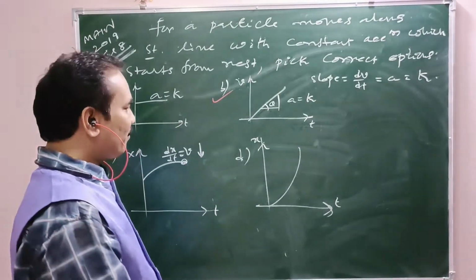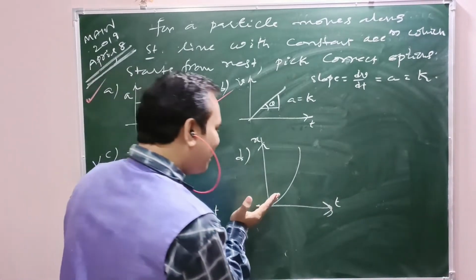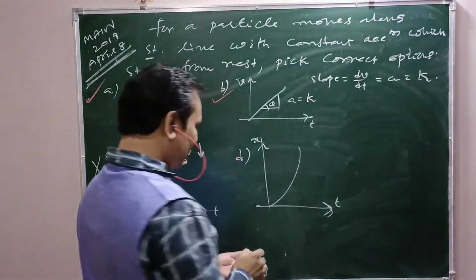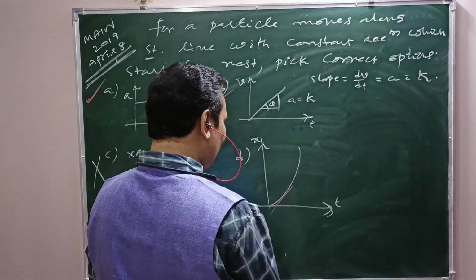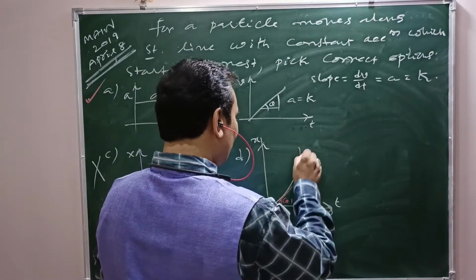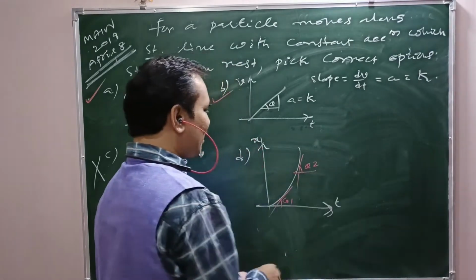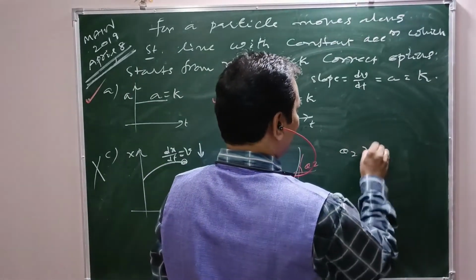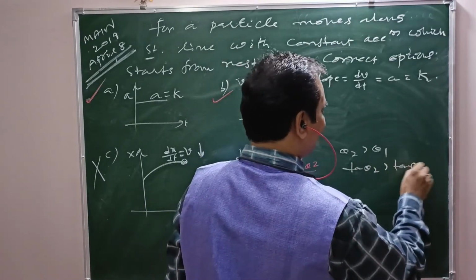Now what about D? See, x versus t only here also, but the slope is increasing at a constant rate. If I calculate the slope here, theta 1, here theta 2. So theta 2 is greater than theta 1, and tan theta 2 is greater than tan theta 1.